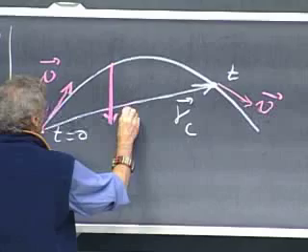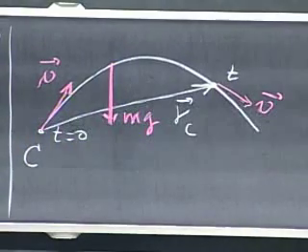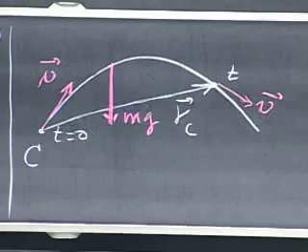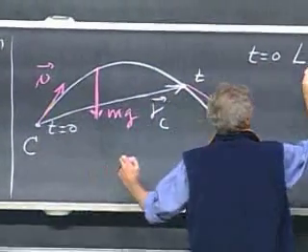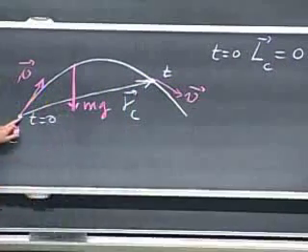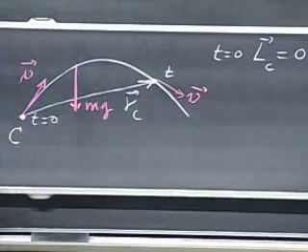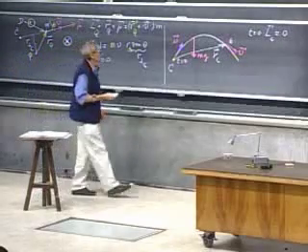And there is, of course, a force on it, mg, which makes this curve. What is the angular momentum relative to point C at time 0? The angular momentum is clearly 0, because the mass itself is at point C. So the position vector has no length. So it's clear that it's 0.